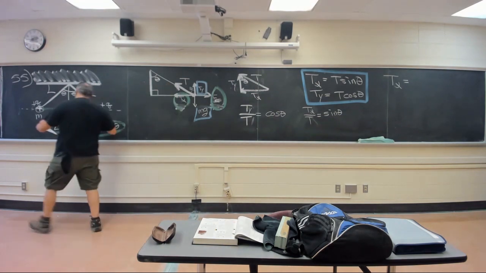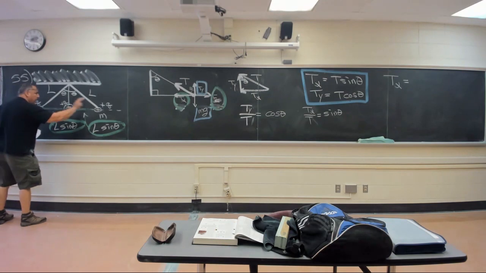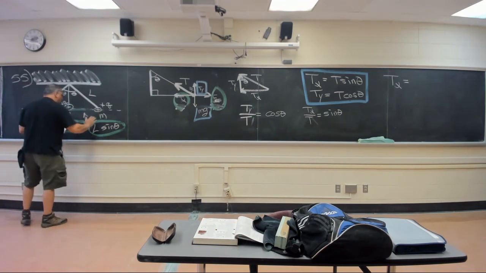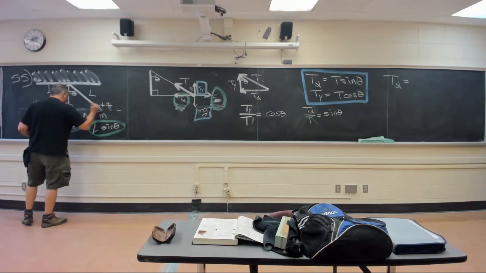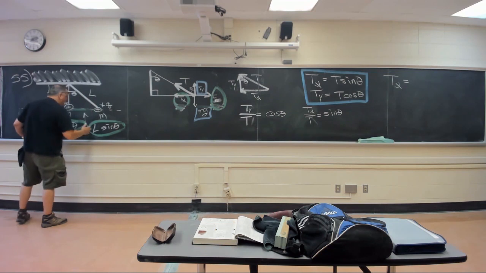The far away is this: Q and Q. kQQ over r squared is kQ squared over L sine theta plus L sine theta, which is 2L sine theta, the quantity 2L sine theta squared. That's the far one. The close one is the same exact thing, kQ squared over the quantity L sine theta squared.